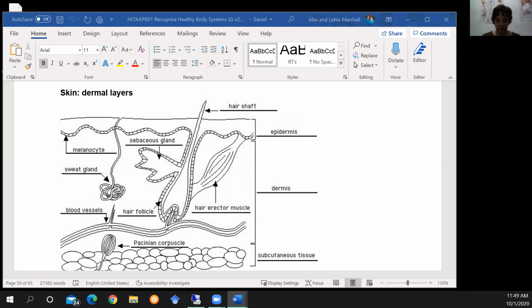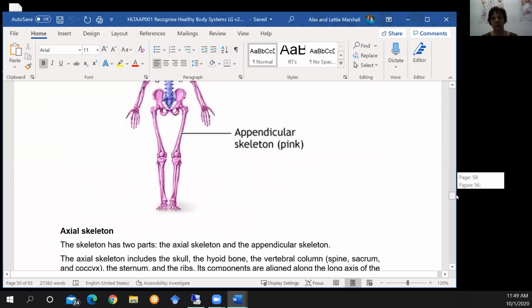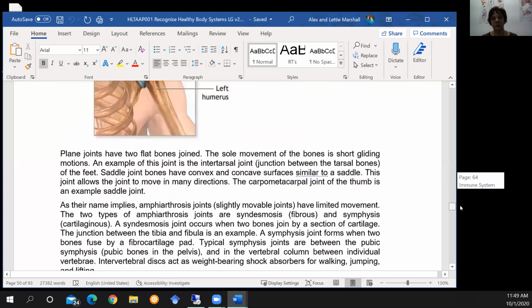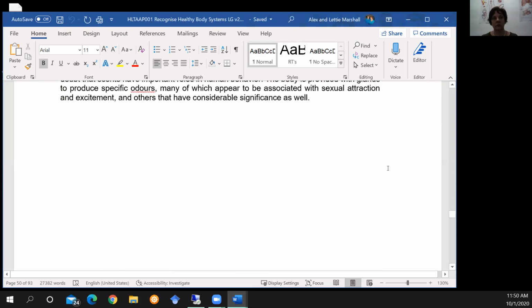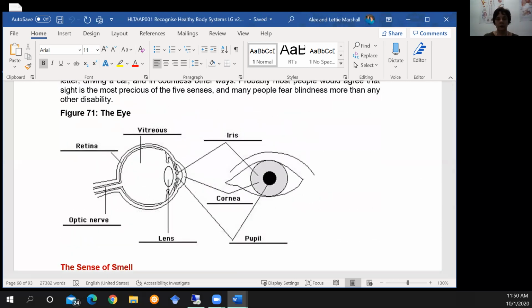Page 68. There's our eye there. Question 7.